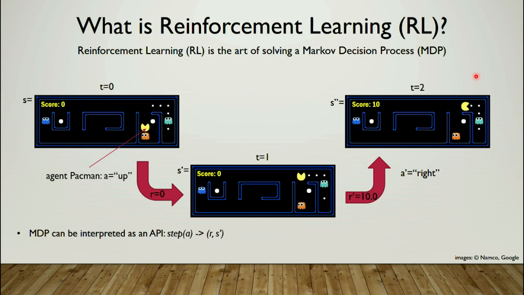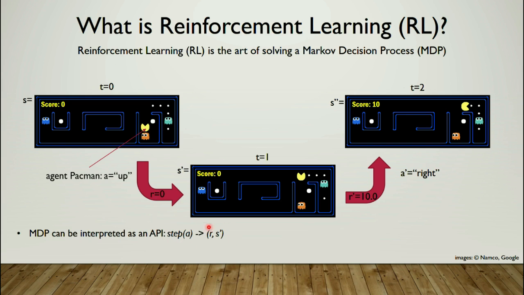Now you can also interpret this whole process, and again, this is just 2 steps, but in reality we're going to do many steps. This could go into the thousands or 10,000s of steps before this is over. You can also interpret this whole sequence of events here as an API, where the MDP is a class and the class has a step method, and in some kind of for loop, right?